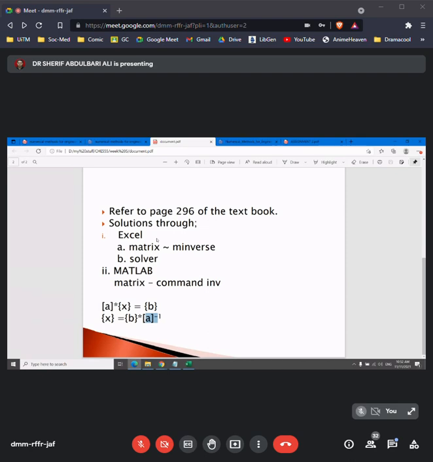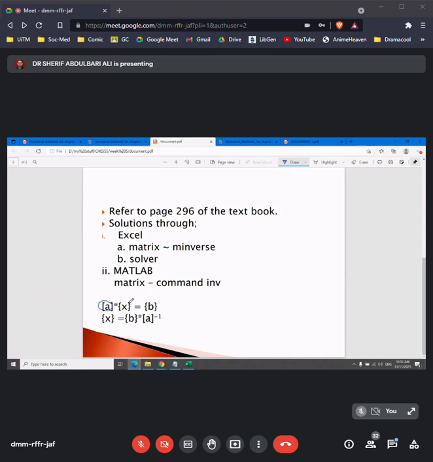What we need to do is find the inverse of the matrix A, and multiply it with the matrix B to get the answer of all the unknowns. Remember, your linear algebraic equation is reshaped into this form.